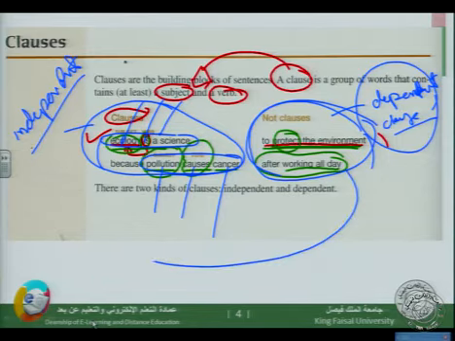It needs the help of the independent clause. The dependent clause is meaningless without the independent clause, and it is ungrammatical without the independent clause. So is that clear? I hope so.